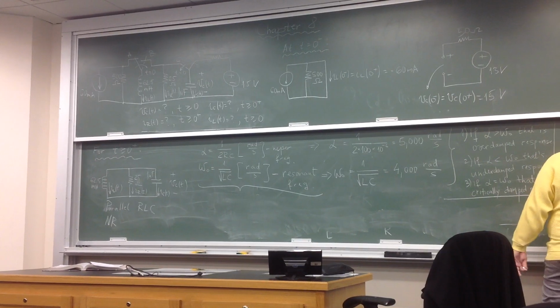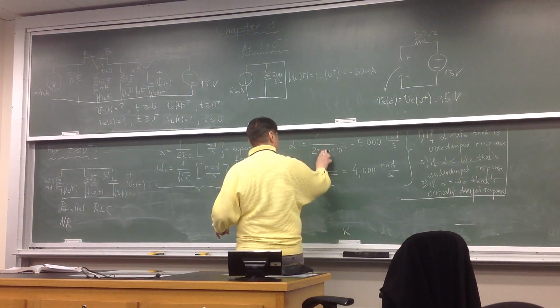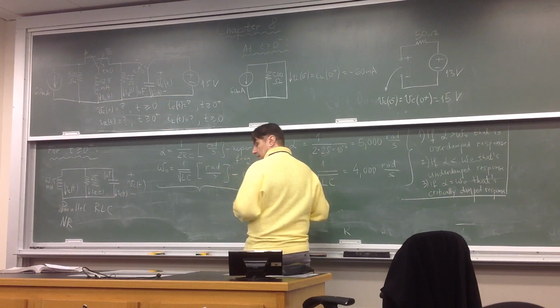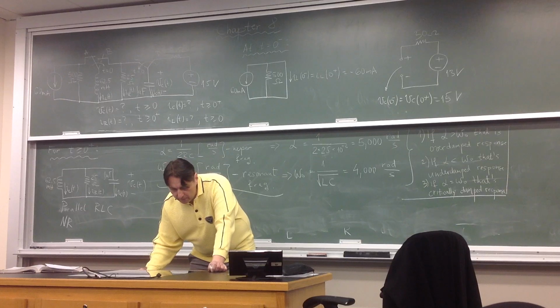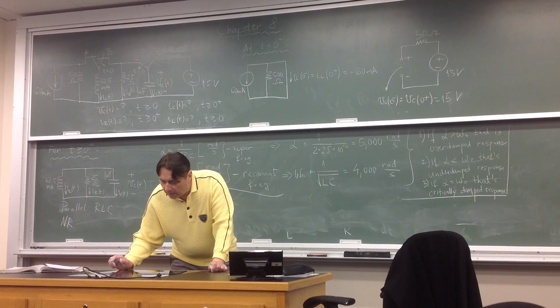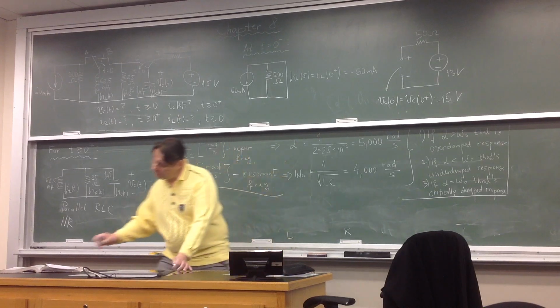Now, when you do 25 ohms here, that's what's different. So alpha in this case is 4,000.